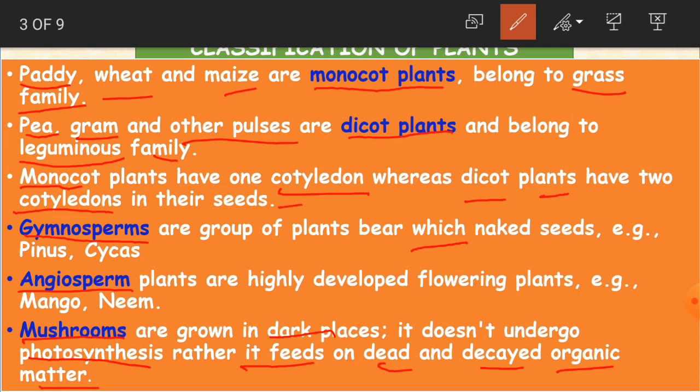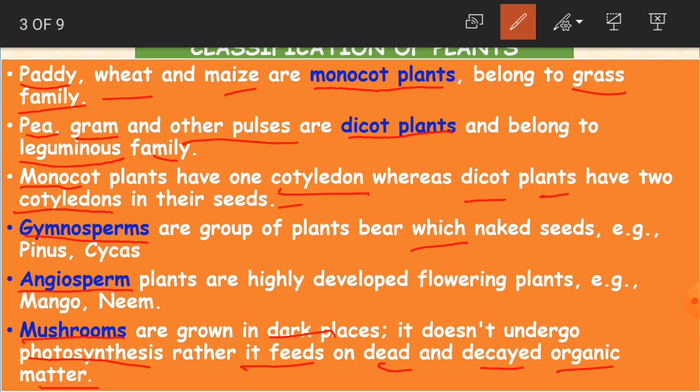Okay, and gymnosperms are what? They are plants which have got naked seeds. In the sense, we call them naked seeds. For example, pinus and cycas. In the sense, they don't have flowers, so they have cones and seeds.